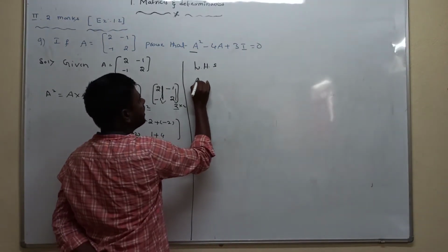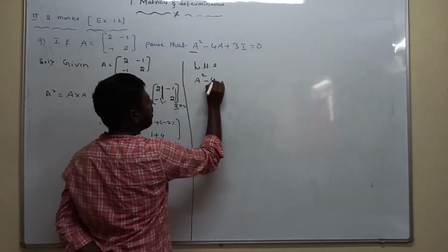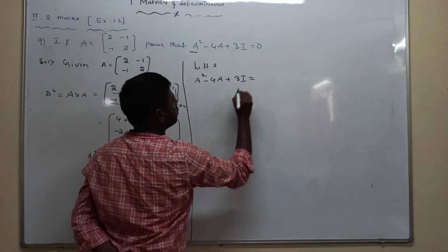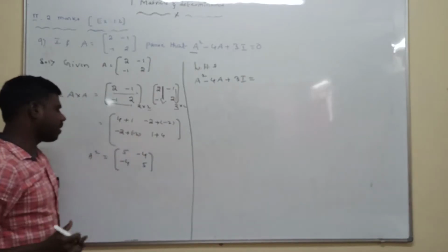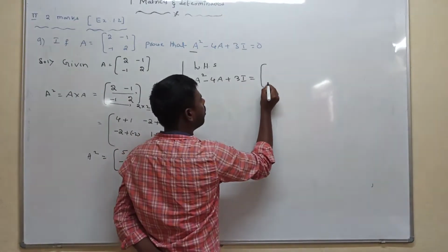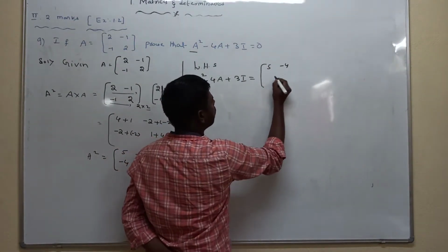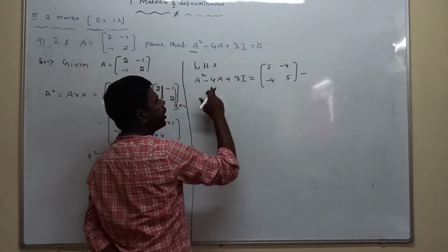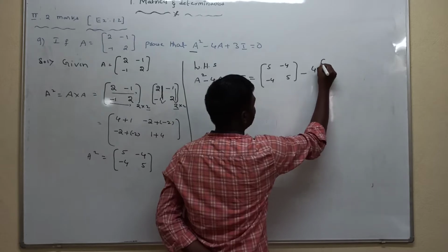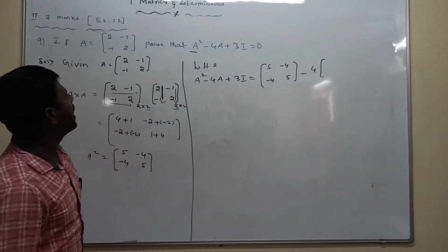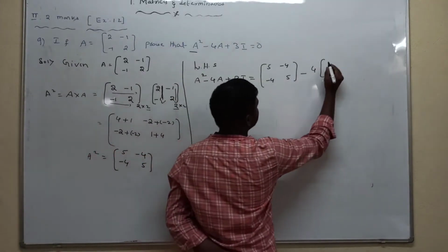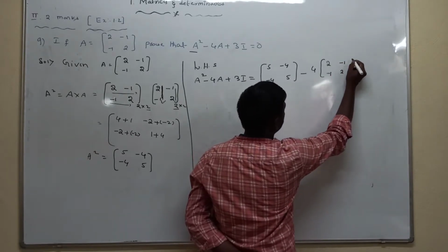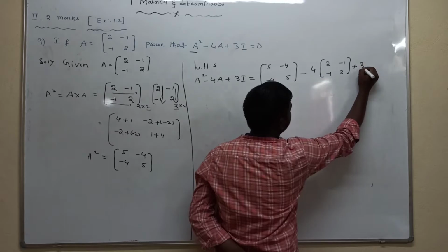The given condition is A square minus 4A plus 3I is equal to, substituting the A square matrix, [5 minus 4; minus 4 5], minus 4 into A. Substitute the A matrix [2 minus 1; minus 1 2], plus 3I.